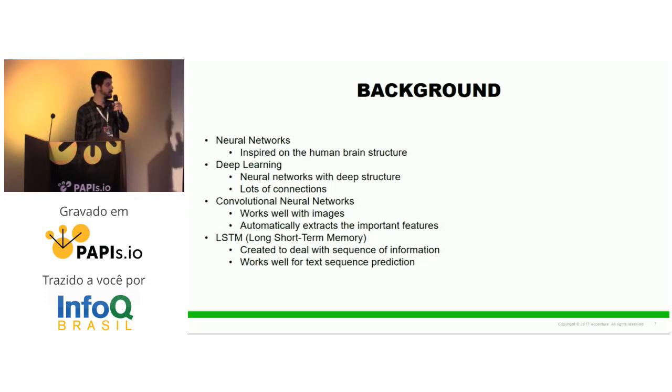So it does the job of extracting the right information to perform the task. LSTM is another architecture. It's based on recurrent neural networks, and it deals well with sequences. It has mechanisms to address the sequences in the short term and the long term, and it works really well for text sequence prediction.